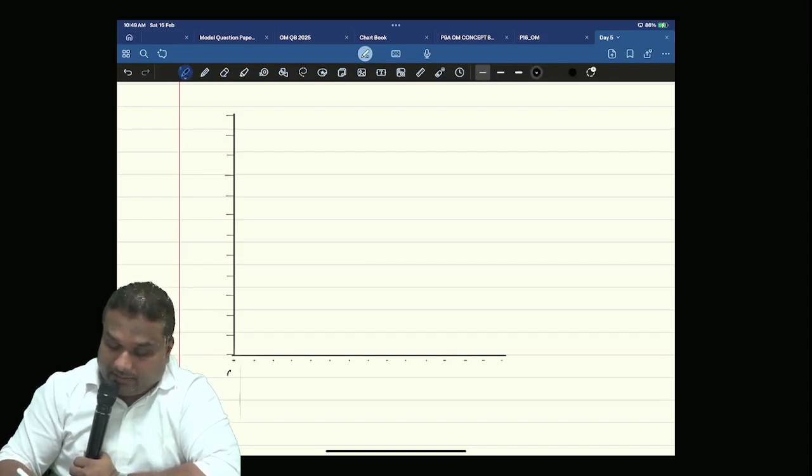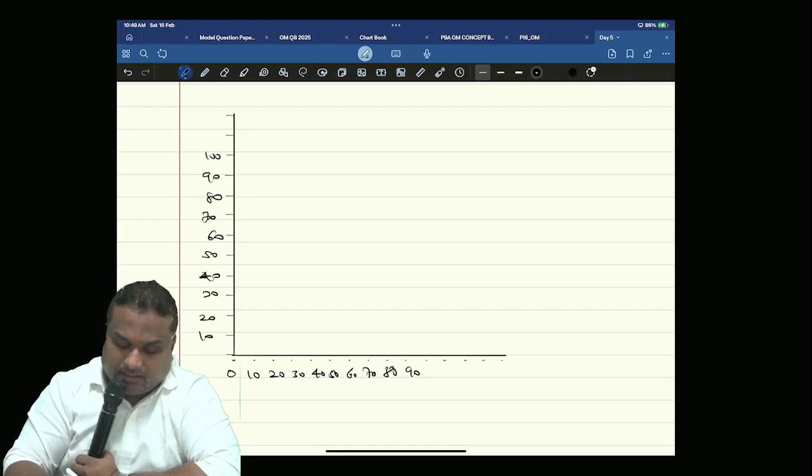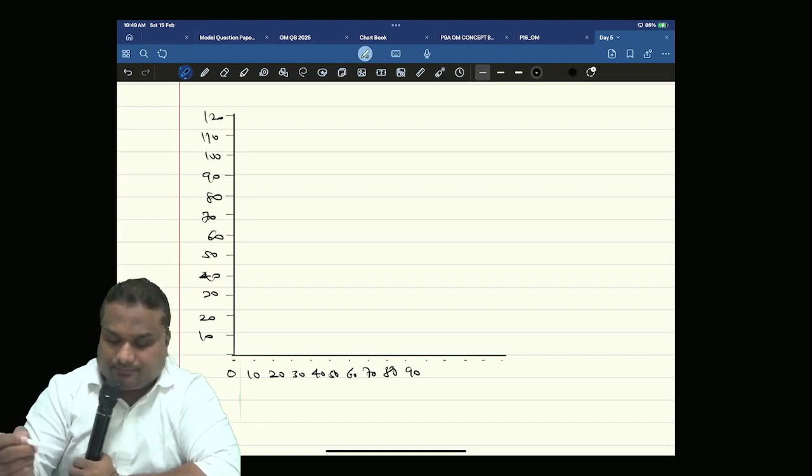0, 10, 20, 30, 40, 50, 60, 70, 80, 90, 100, 110, 120.